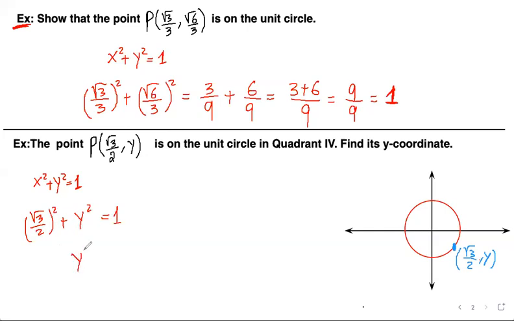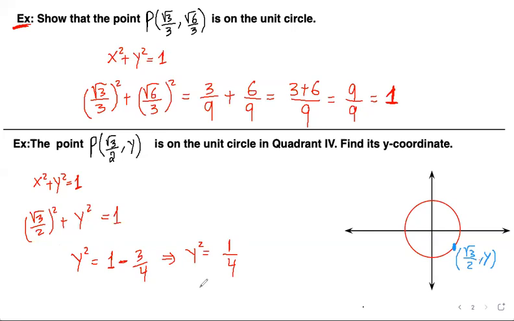So I get y squared equals 1 minus 3 over 4. So he got y squared equals 1 minus 3 over 4, it's 1 over 4, because 1 is actually 4 over 4. So 4 over 4 minus 3 over 4 is 1 over 4.